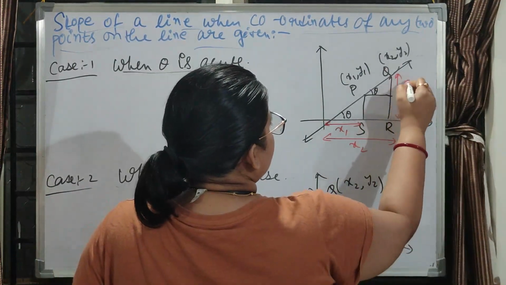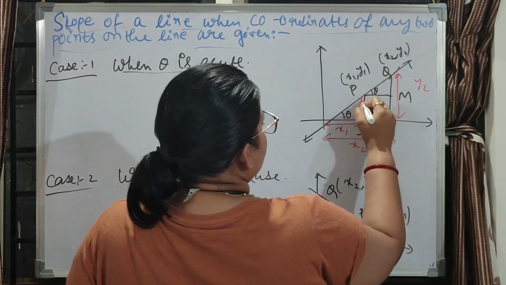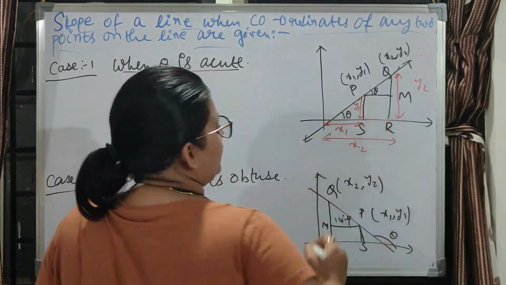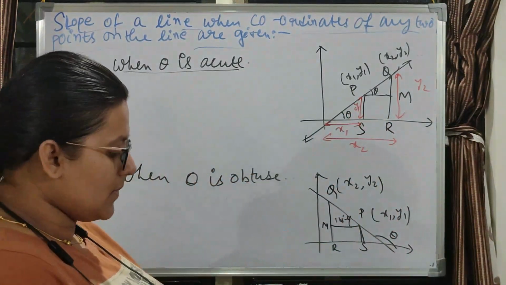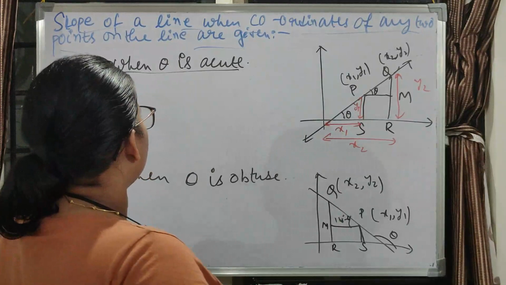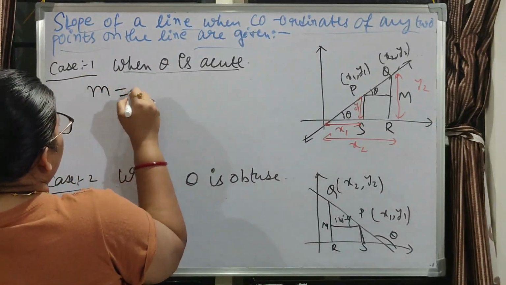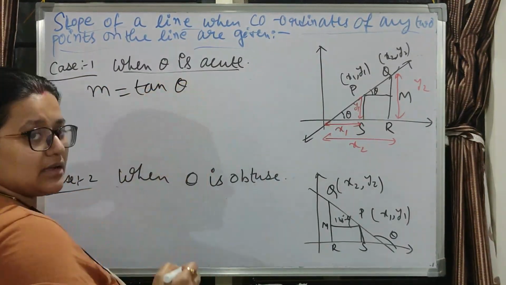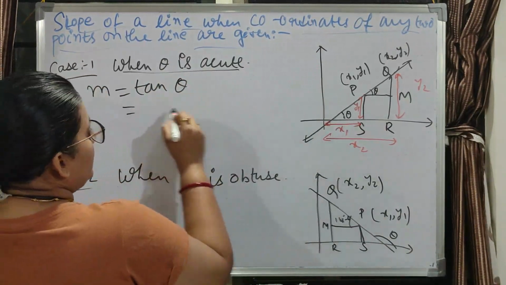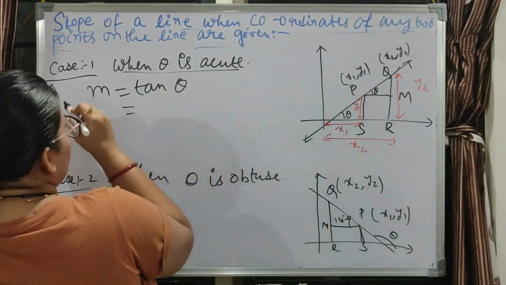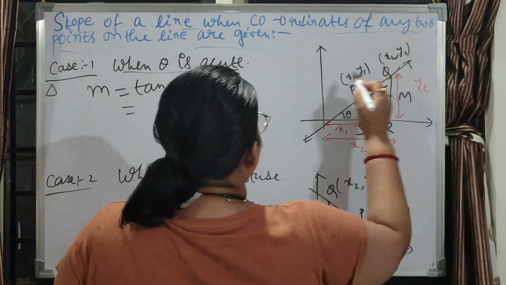This whole thing is y2 and this one is y1. So we know our slope is m equals to tan theta. So here we'll consider this triangle, MPQ.